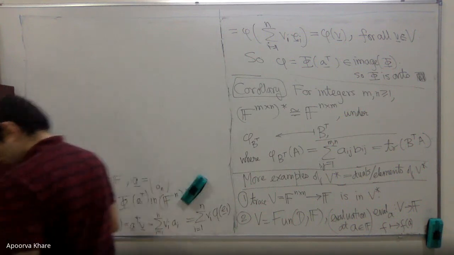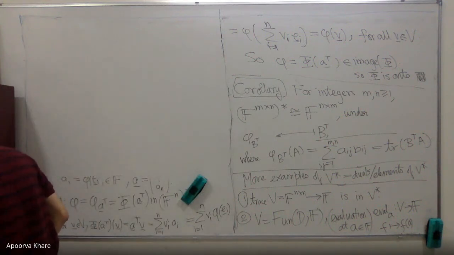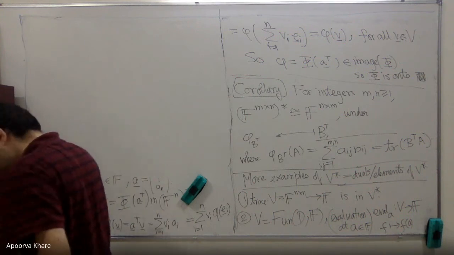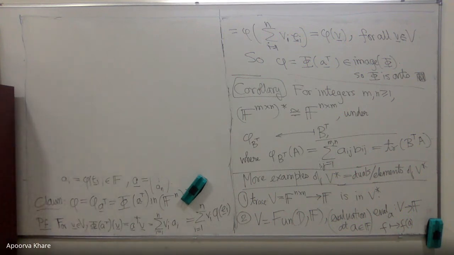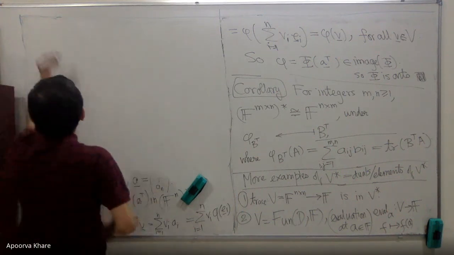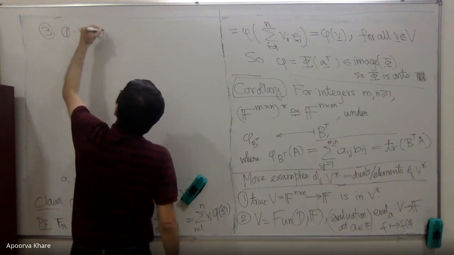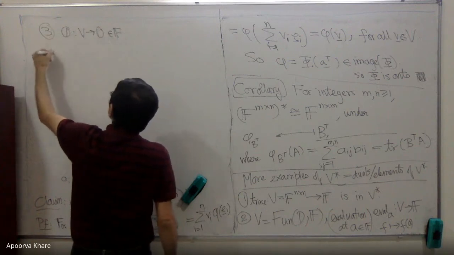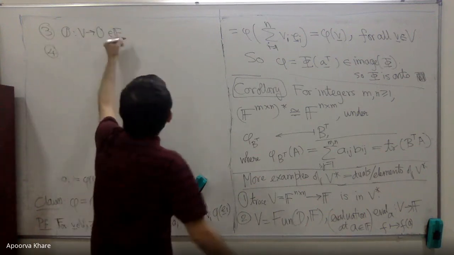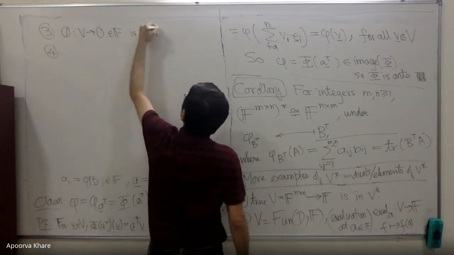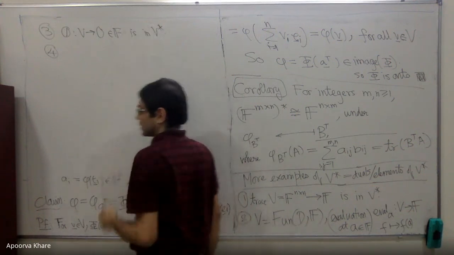Second. The third one is, as I said earlier, the zero functional. This is a linear functional. It is in fact the zero element of the vector space.